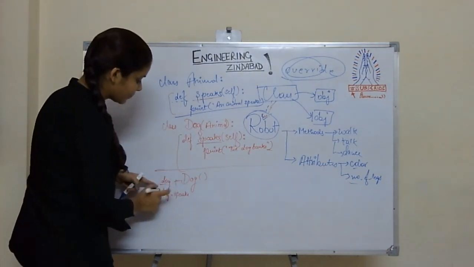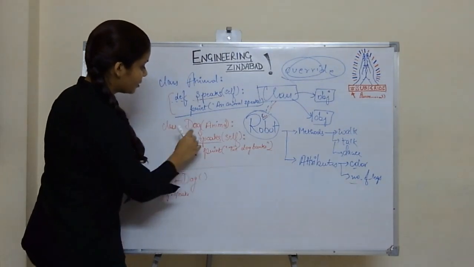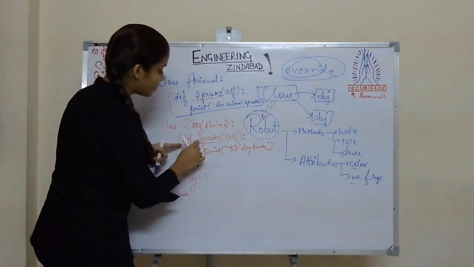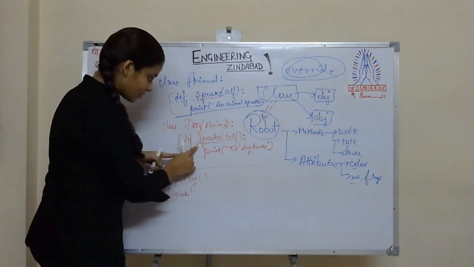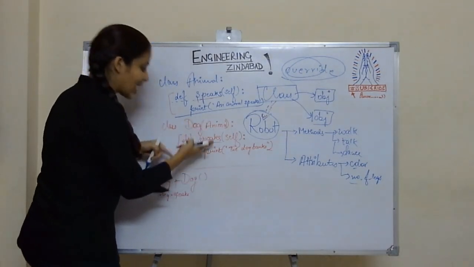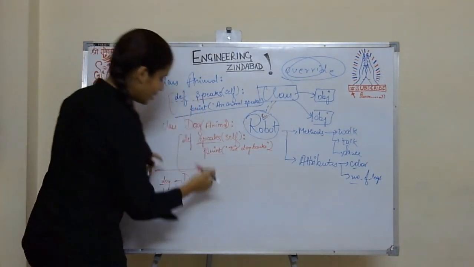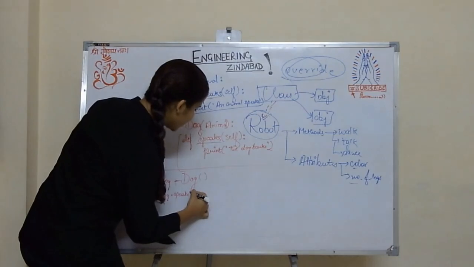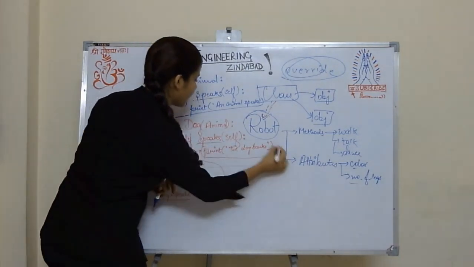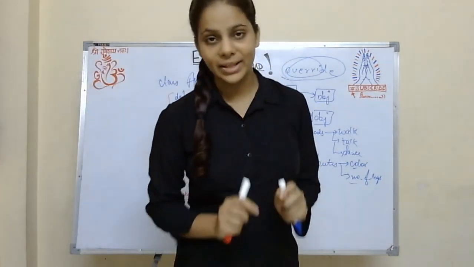So when this object calls the function that is a part of this child class also, the function is overridden, so the child class function will execute and not the parent class. So when we run this, we will get this line. That's basically the concept of method overriding.